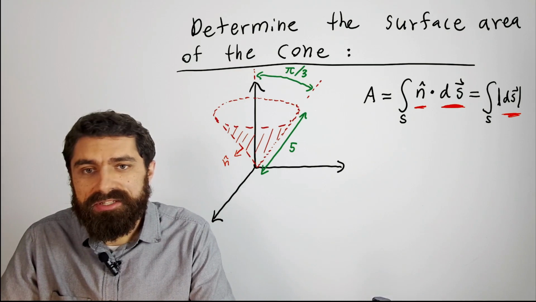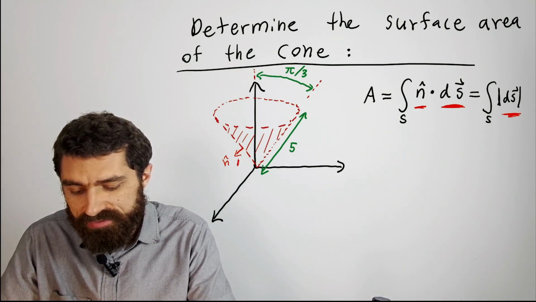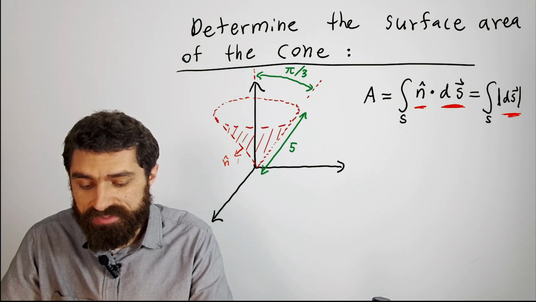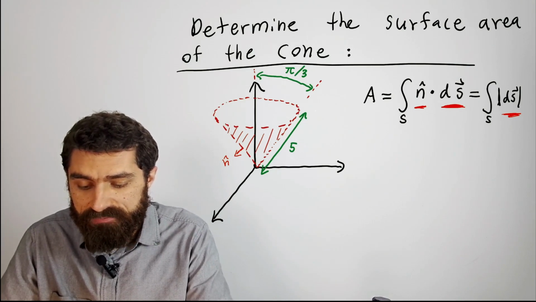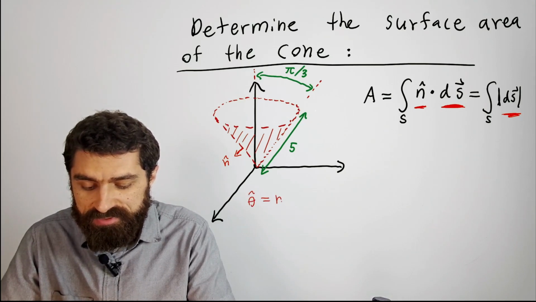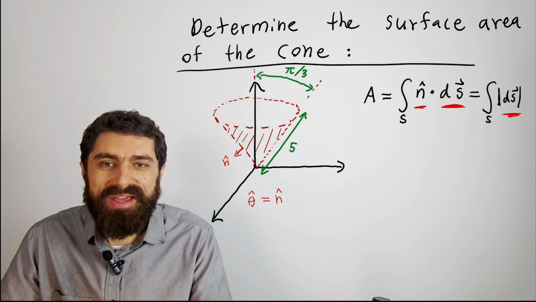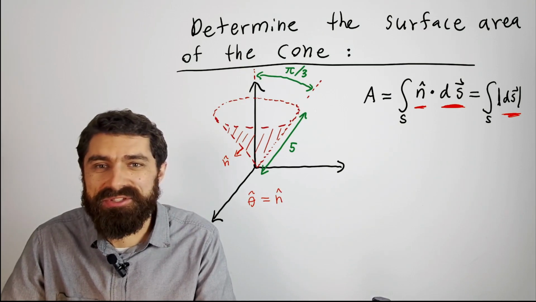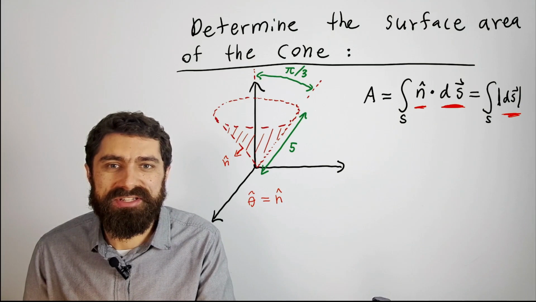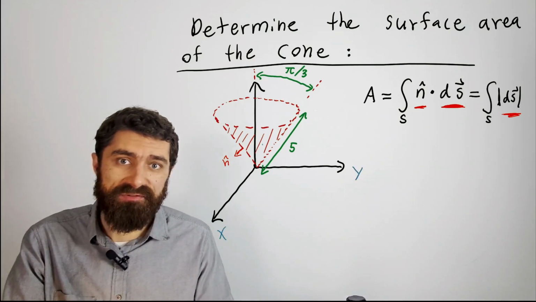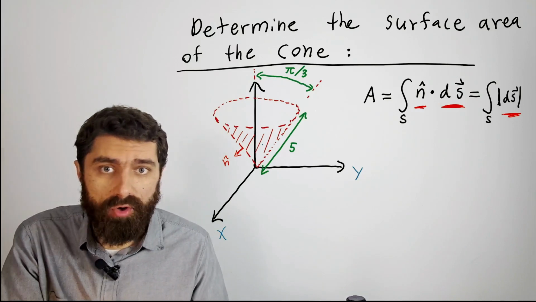The reason is that this n hat vector, in the spherical coordinate system, is simply theta hat. Theta hat equals n hat. And so that makes writing the ds vector much simpler than if we were to use the Cartesian coordinate system.